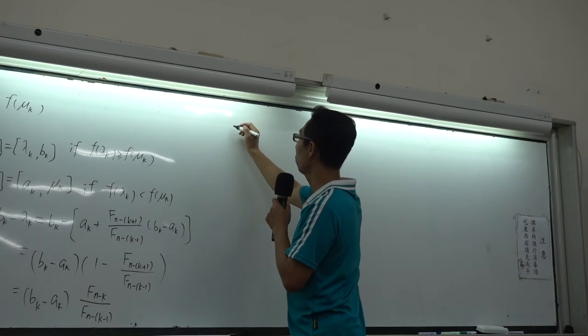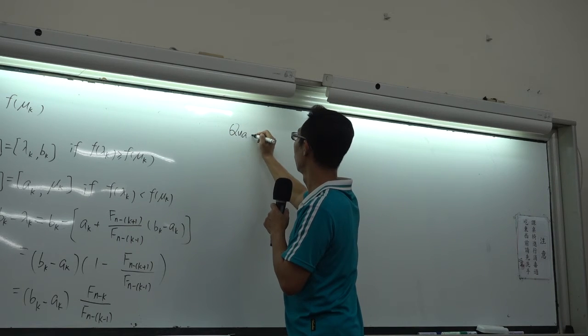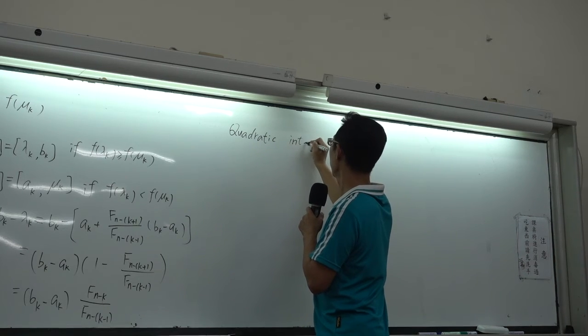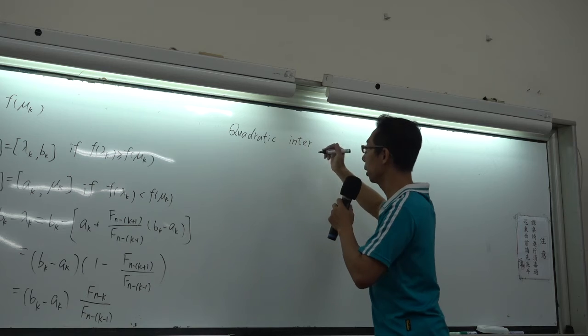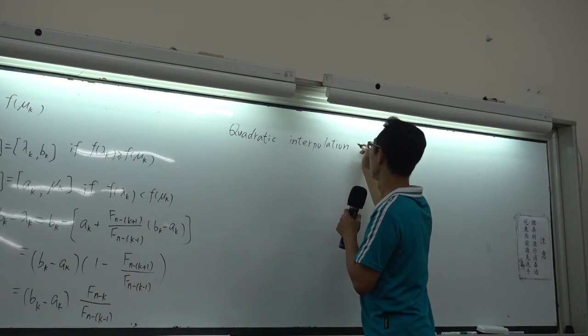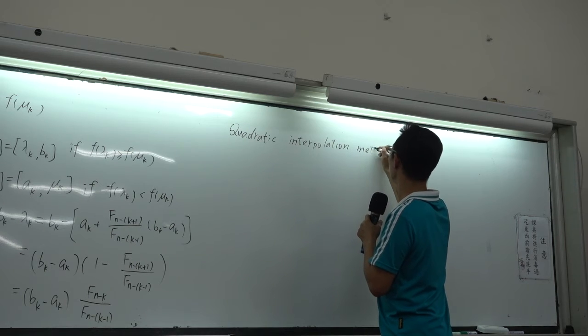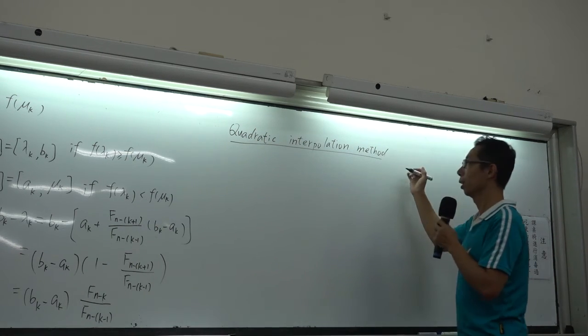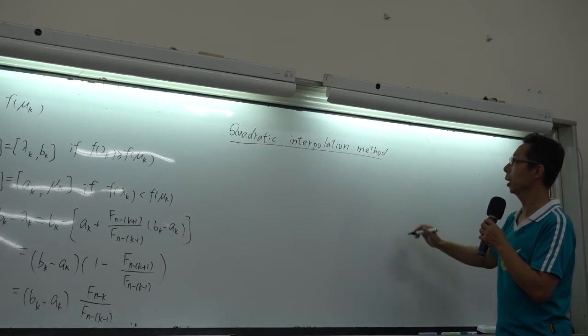Yeah. So for example, the quadratic interpolation, approximation or interpolation method. Okay. Oh, again, this is a kind of approximation method.